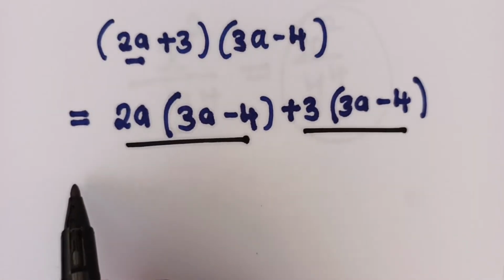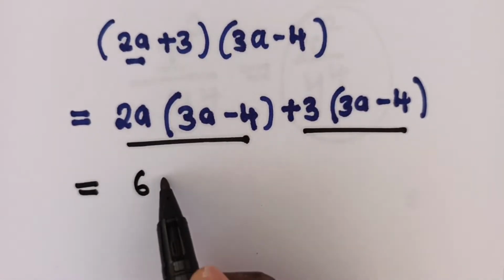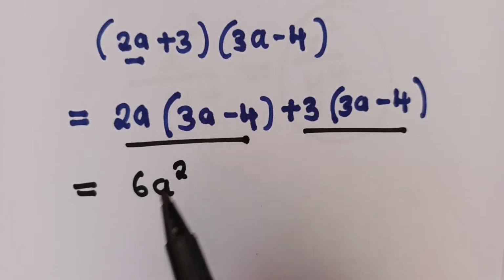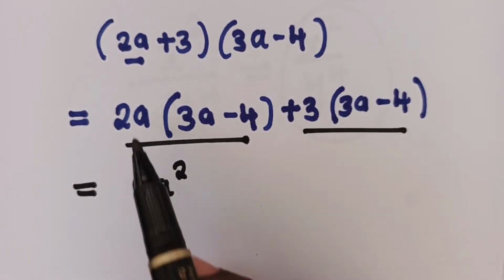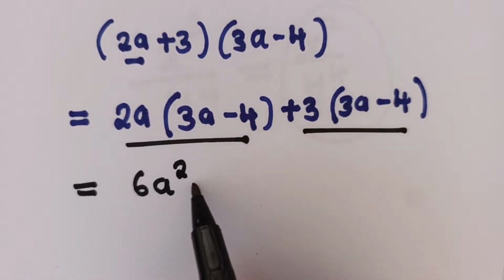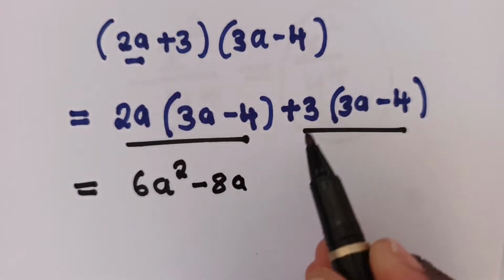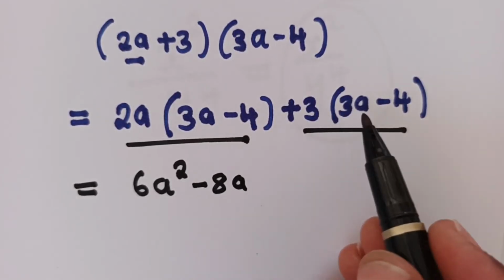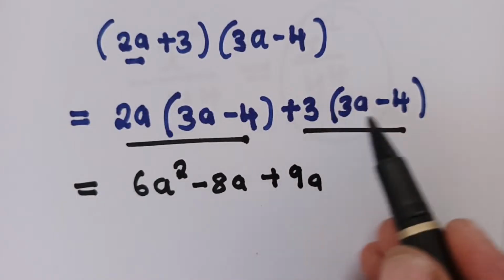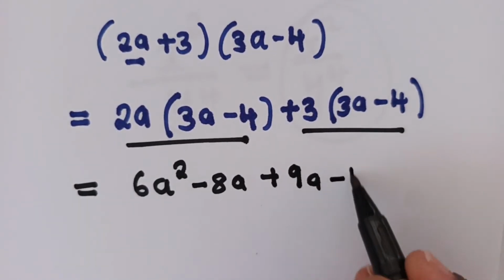And from here, we can say equal to 6a power 2. So we're going to say 2a times 3a, that will give us a 6a power 2. There are two of these. 2a times negative 4, that is a negative 8a. 3 times 3a, it will give us a 9a. 3 times negative 4 is a negative 12.